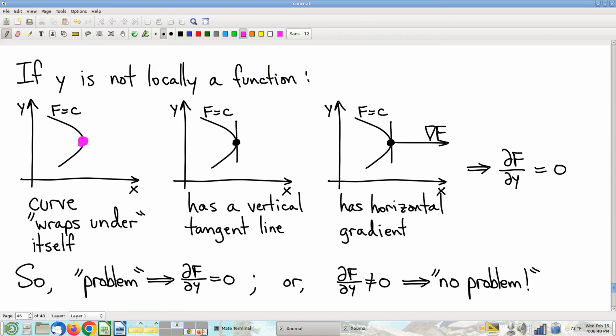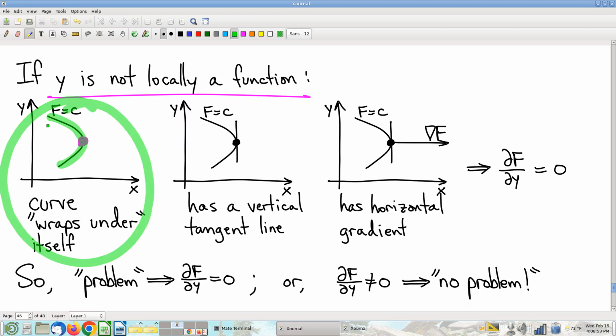Here's what a problem point looks like, right? This is where y simply cannot be viewed as a function of x, not even locally. The problem is that the curve is at that moment, at that point, exactly where it wraps under itself. Is that cool?